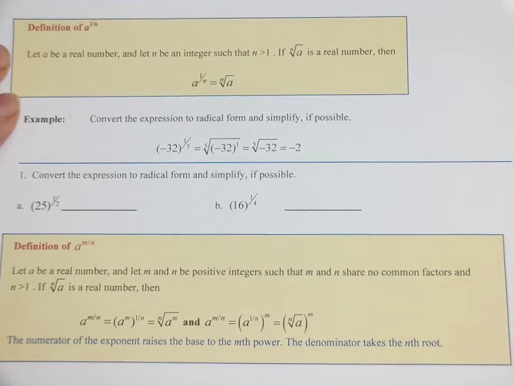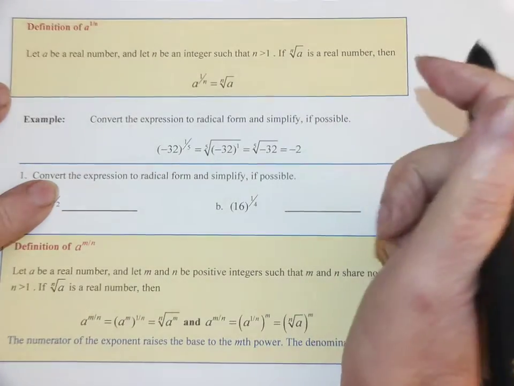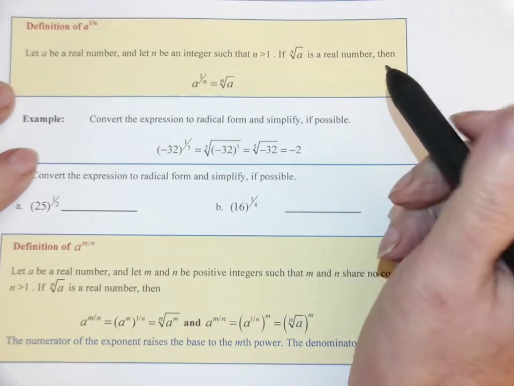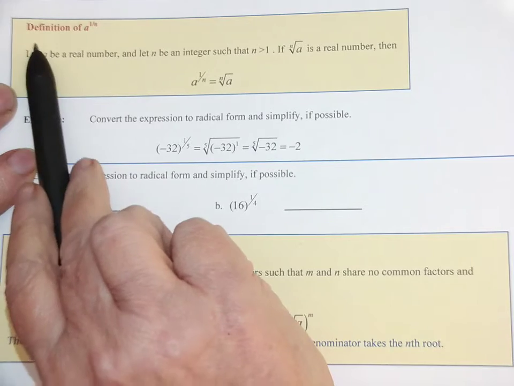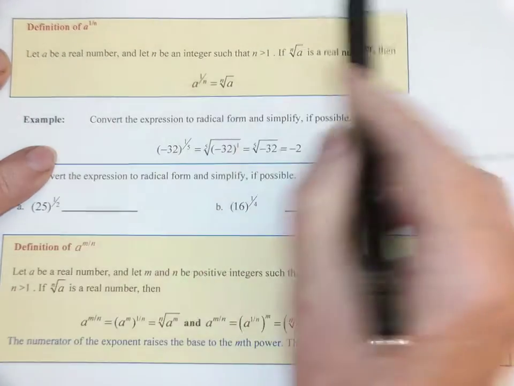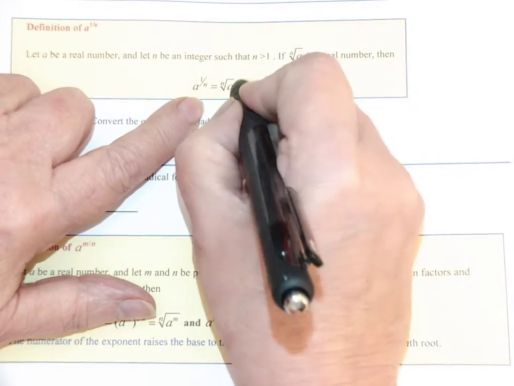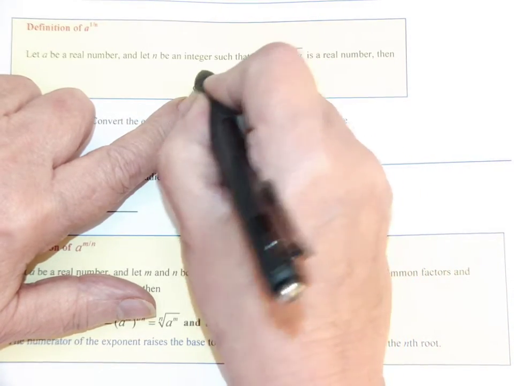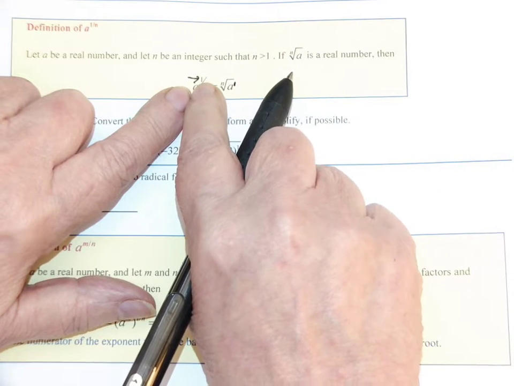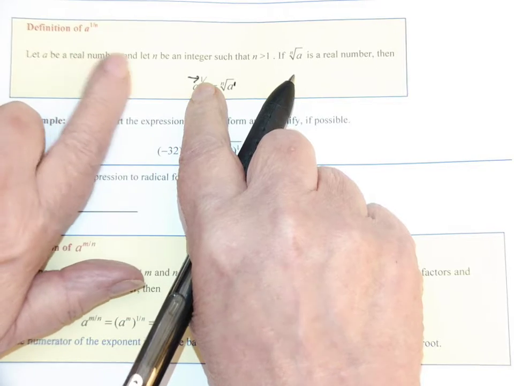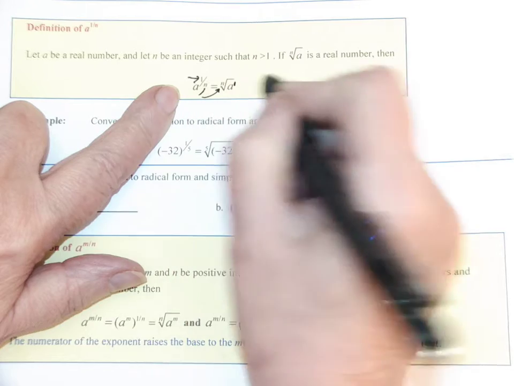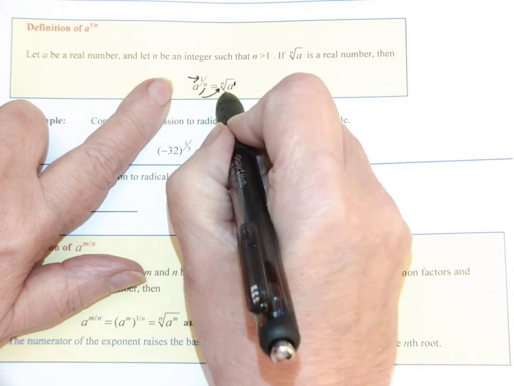Going to do some algebra review. And one of the things we're going to review are rational exponents. They're also represented by radicals. So a definition of a to the 1 divided by n is that the radicand takes on the exponent, the numerator of the fraction, and the denominator is the index of the radical.